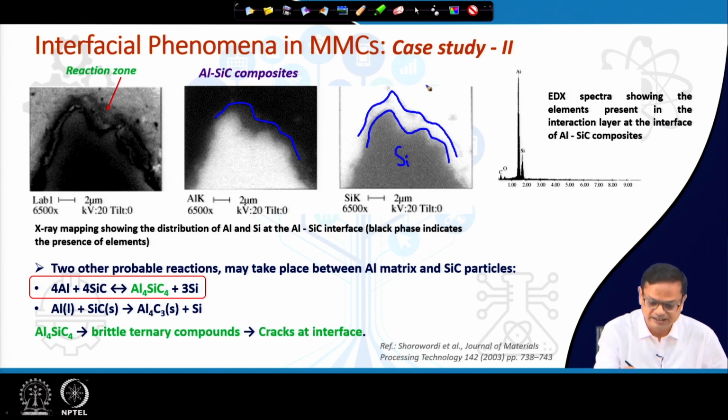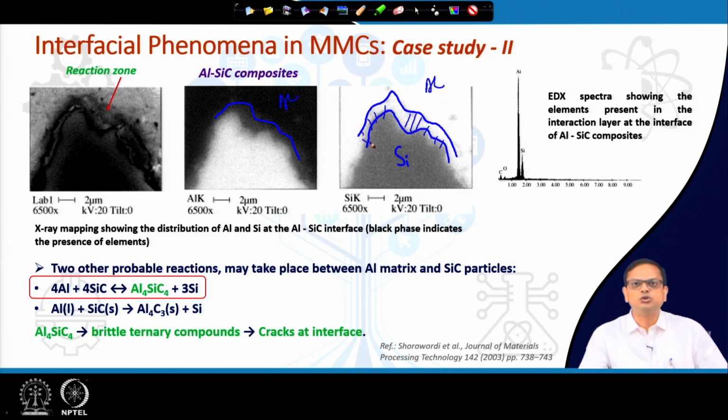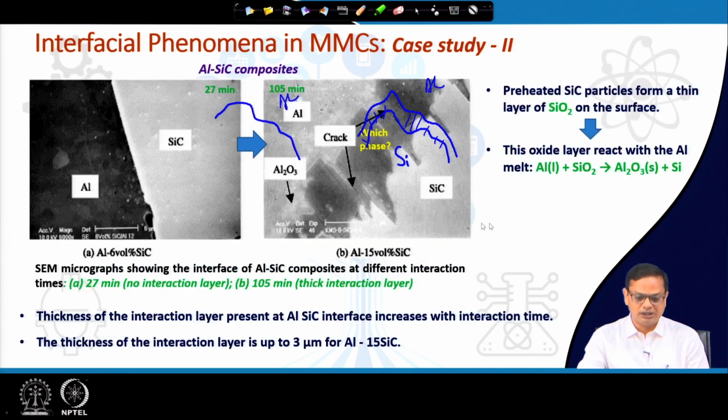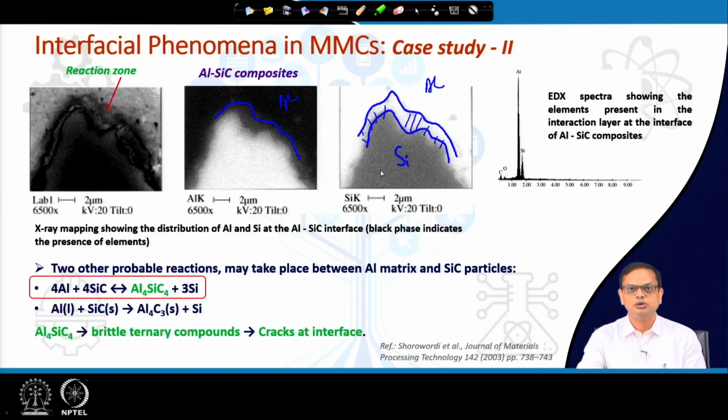And here is the aluminum. In between, at the interface, you can see quite a thick layer. So, the point is, what is forming in this particular thickness?